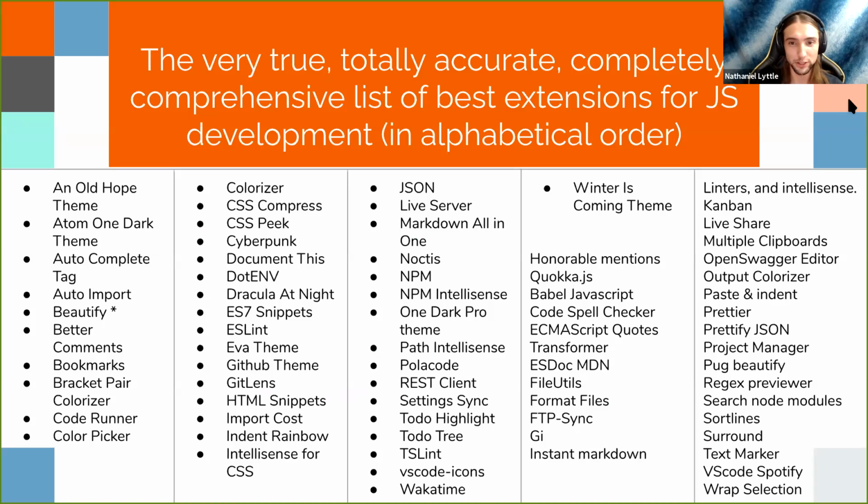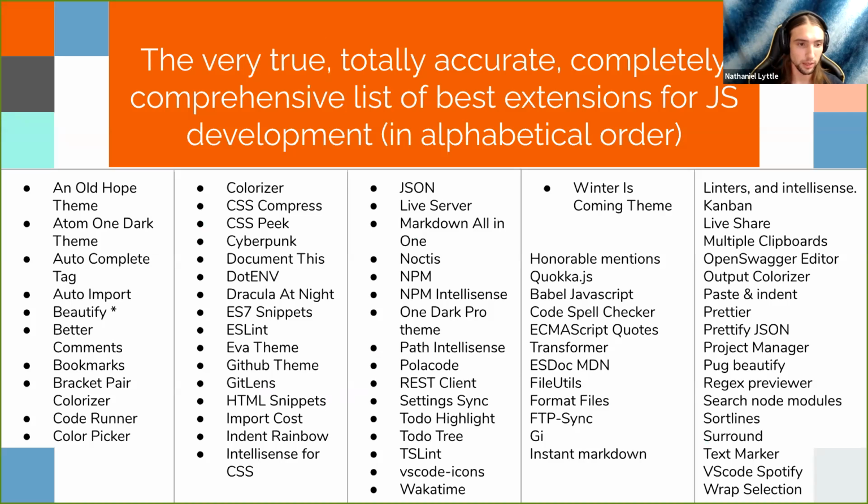So this is the very true, totally accurate, completely comprehensive list of best extensions for JavaScript development in alphabetical order, excluding the honorable mentions. I'm only going to highlight the ones that I think are really must-have, worth mentioning.